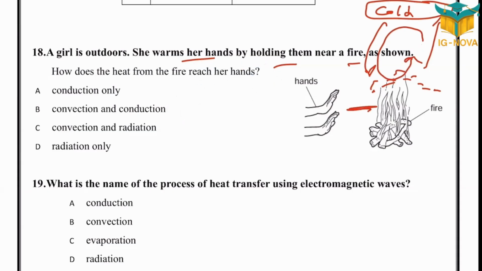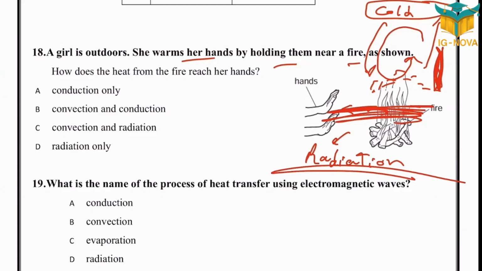But at the same level, no convection current happens. It happens upward, vertically. At the same level, heat will transfer by radiation, not convection. So it cannot be conduction, it cannot be convection, and it cannot be convection and radiation. Only radiation, in this case.